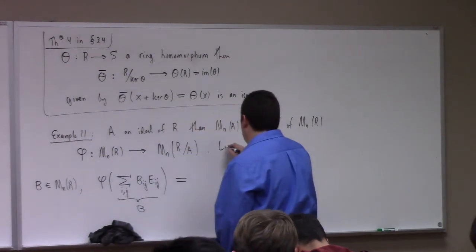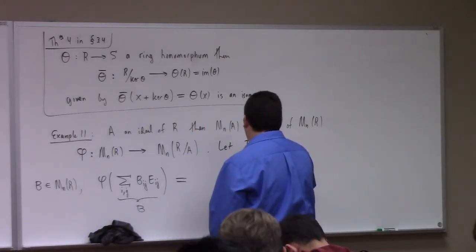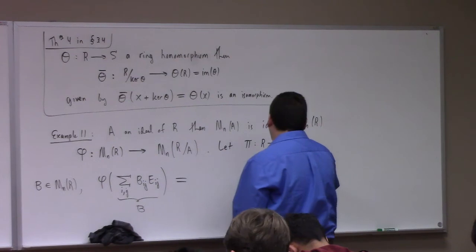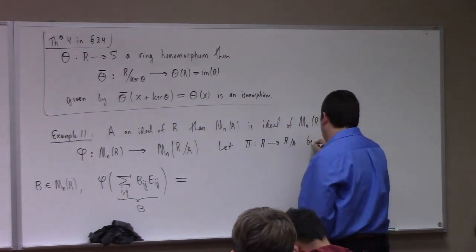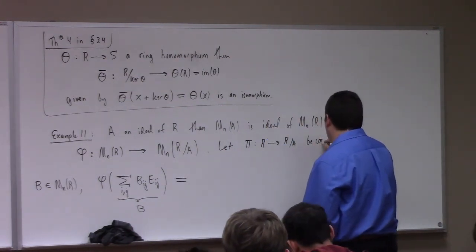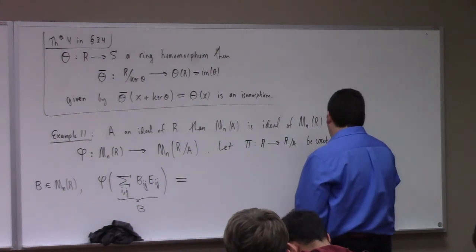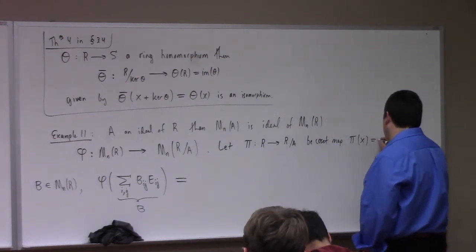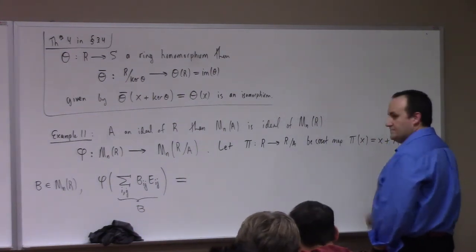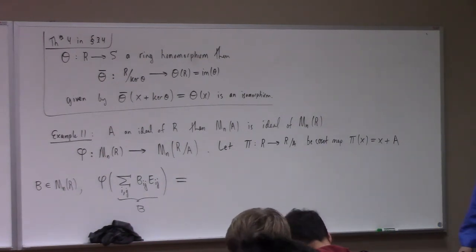Let pi that goes from R to R mod A be the quotient coset map, so pi of x is x plus A. With that notation, how would you define phi?